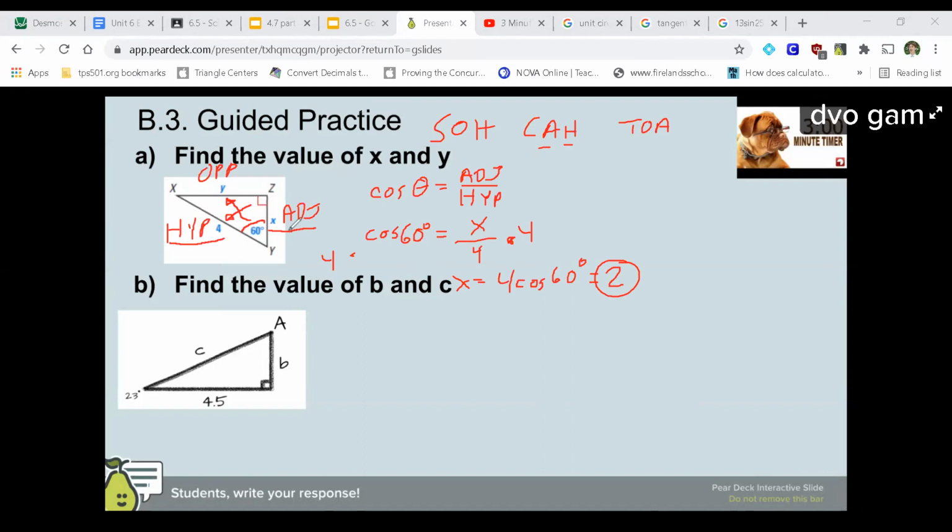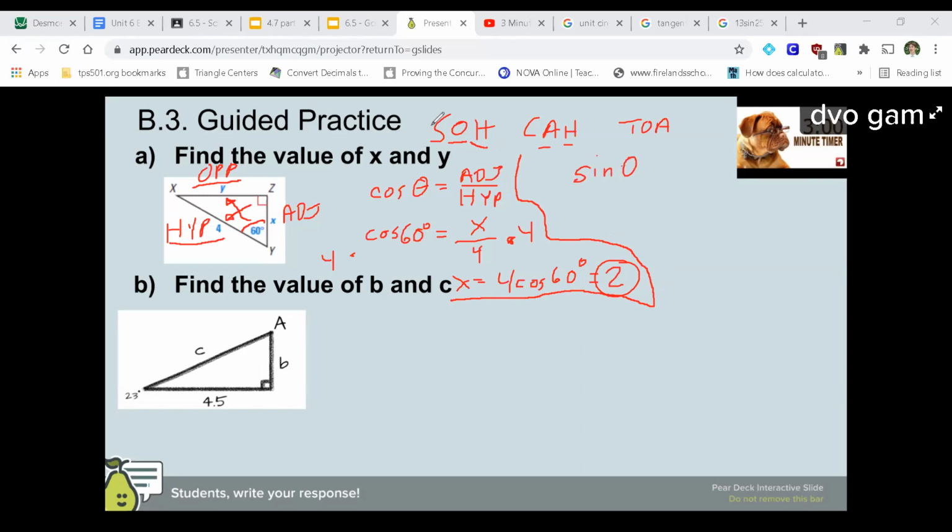To find y, again, we have our labels already done. This time we're trying to find the opposite given the hypotenuse, and which trig function relates opposite and hypotenuse? Well, that's sine.